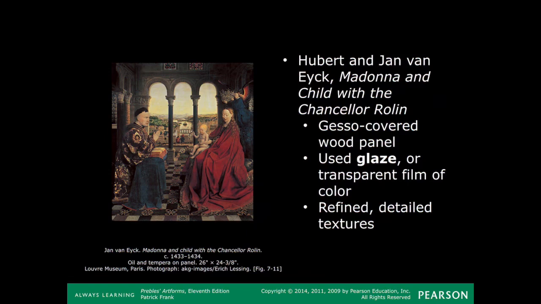So when it comes to oil painting, you'll see that artists use a lot of this glazed or transparent film of color. They like to apply colors in thin layers. That way they can get to the color that they really want.